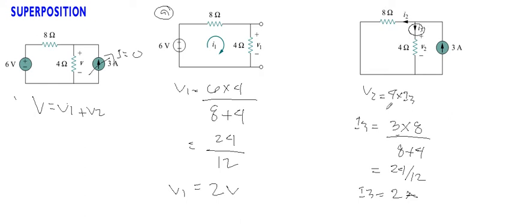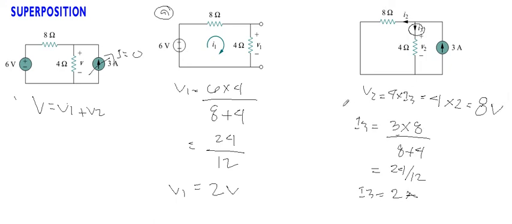amperes. So now, to have V2, we simply do 4 times 2, which is 8 rather. 8 instead of 6, sorry. So we have 4 times 2, which is 8 volts.